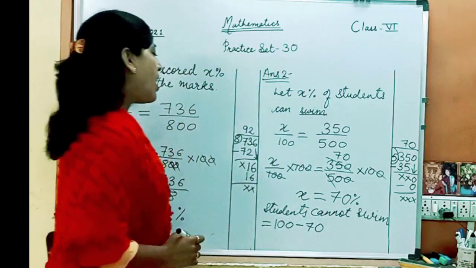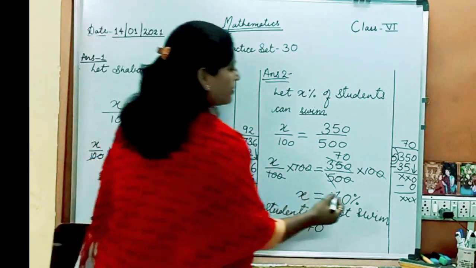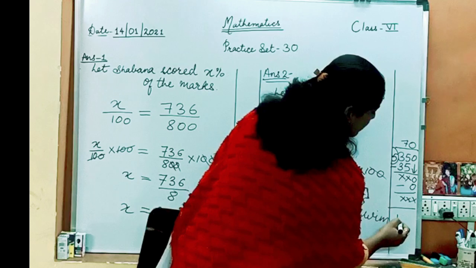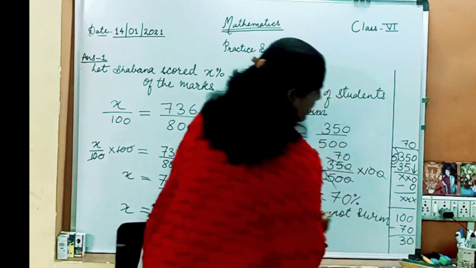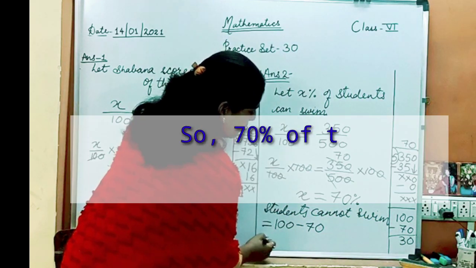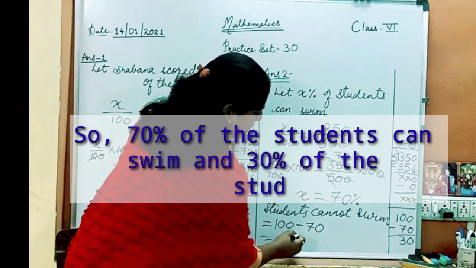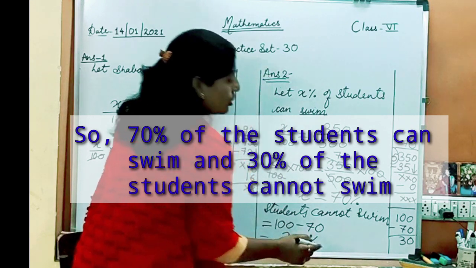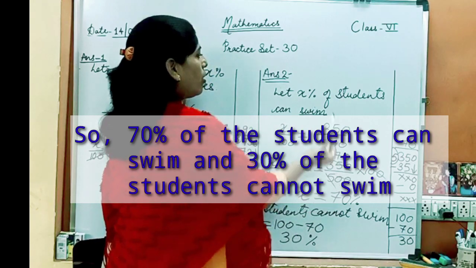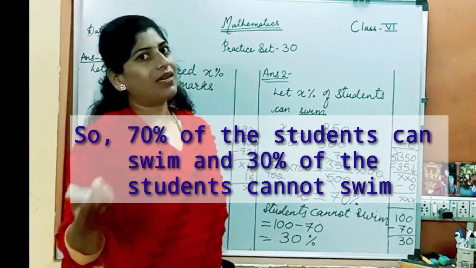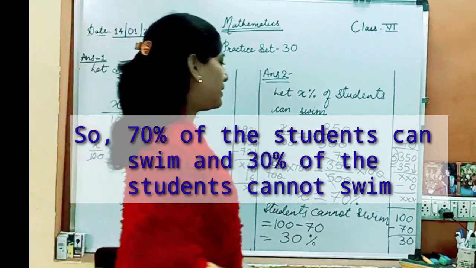So we can do it in the rough column, 100 minus 70. What will the answer be? Yes, 30. Very good. So the answer is 30%. So you can write it down that 70% of the students can swim and 30% of students cannot swim.